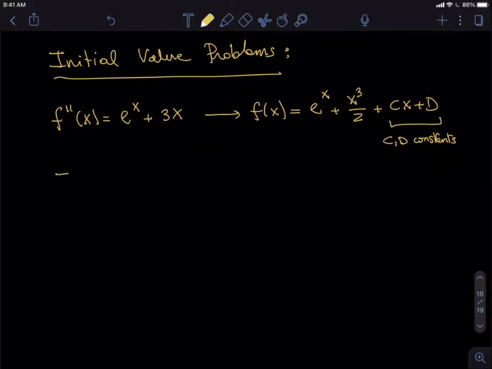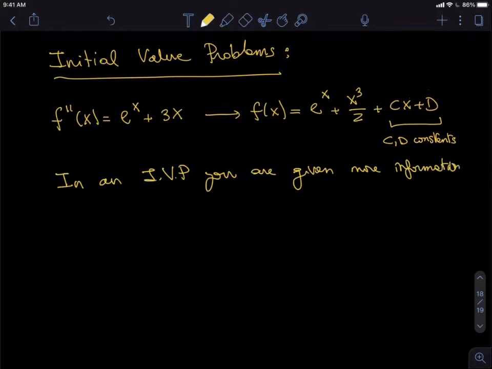So in an initial value problem, you are given more information, and you can be more precise. That means that you can choose the constants.